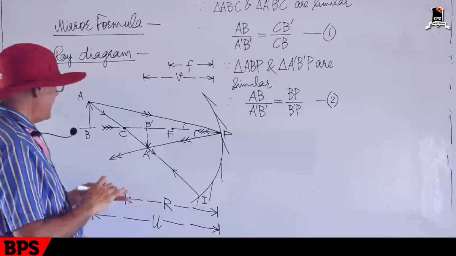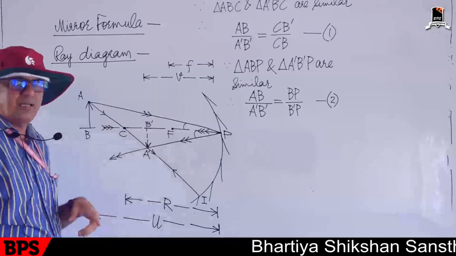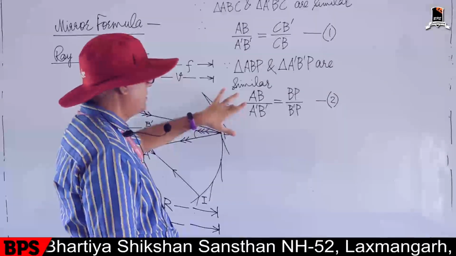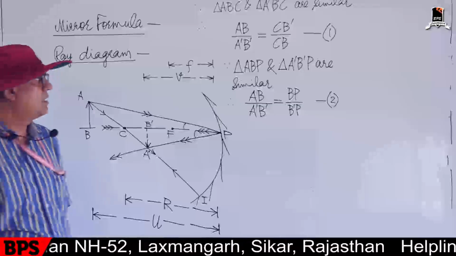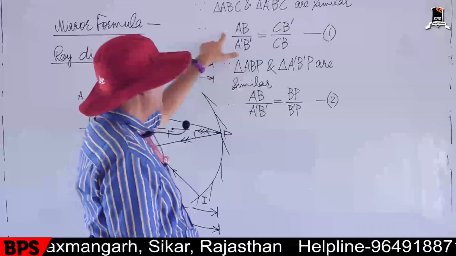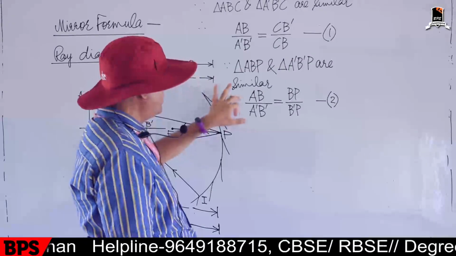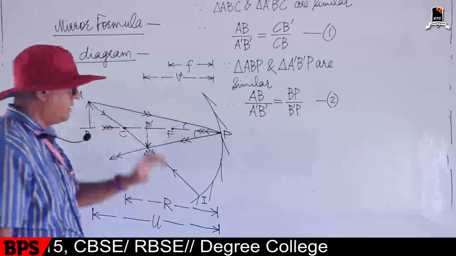From these two pairs of similar right angle triangles, taking the ratio of corresponding sides, we reach equation 1 by taking these two triangles similar, and we reach this equation by taking these two triangles similar.